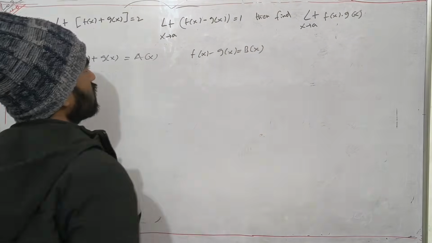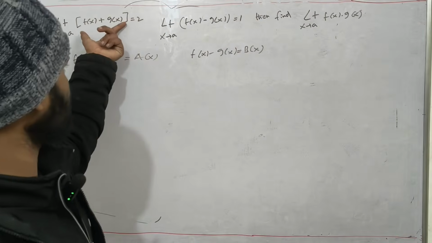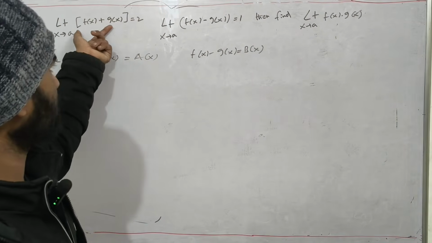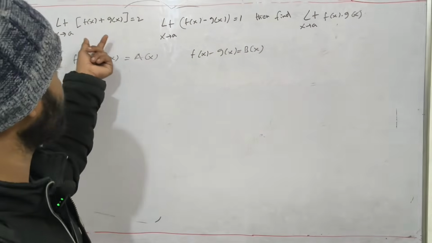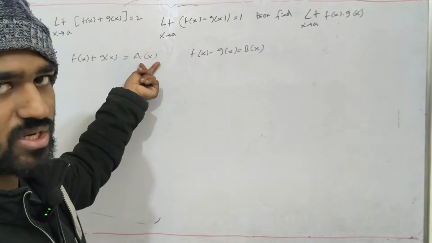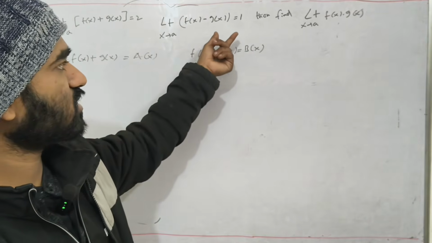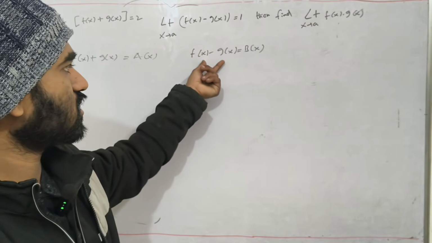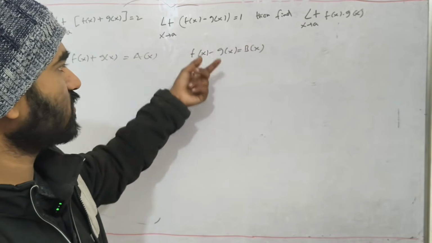So if the limit x tends to a of f of x plus g of x equals 2, they are giving indirectly that limit x tends to a of a of x equals 2. Similarly, limit x tends to a of f of x minus g of x equals 1 means limit x tends to a of b of x equals 1.